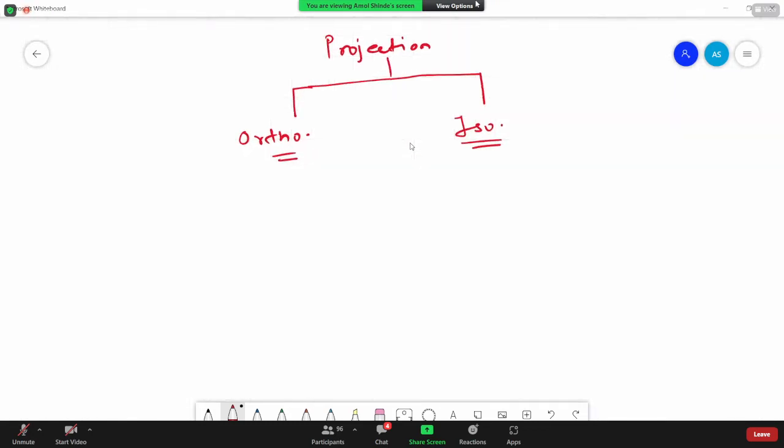What is orthographic projection? Anybody knows? पता है किसी को? Yes or no? What is orthographic projection? Don't know anything about it?